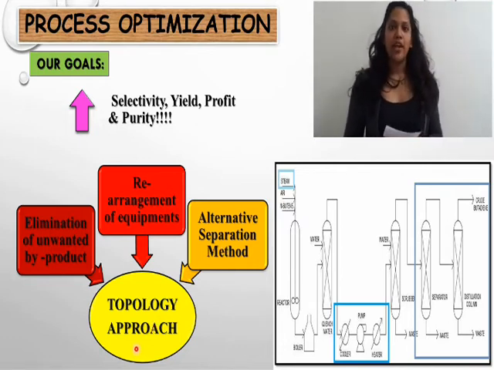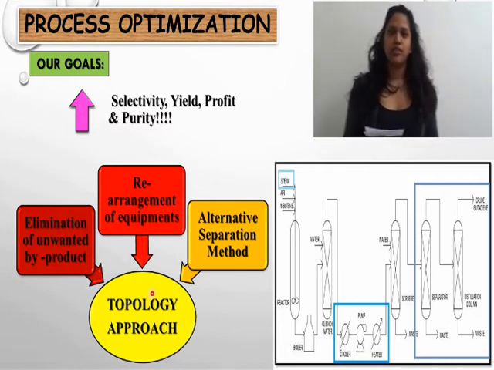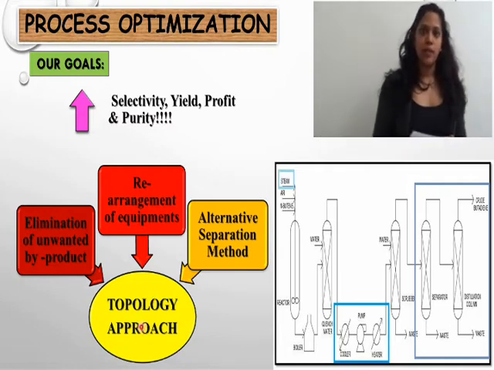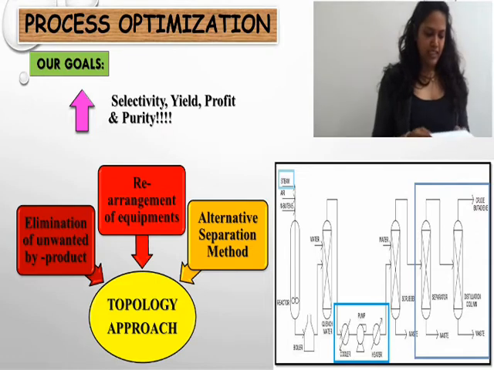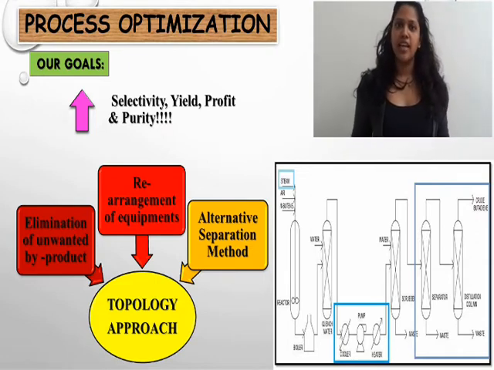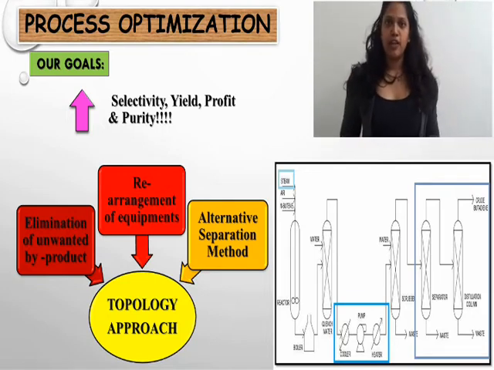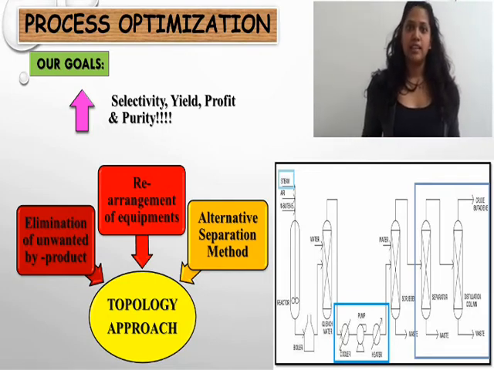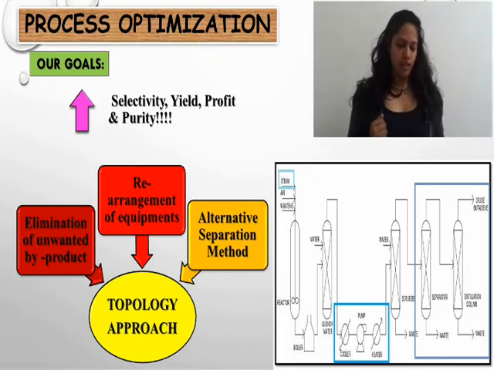In order to upgrade the existing oxidative dehydrogenation process, the topological optimization approach is chosen by my group. The three criteria that we have examined are the elimination of unwanted byproduct, in this case the formation of carbon dioxide, rearrangement of equipment, as well as the alternative separation methods to be used.